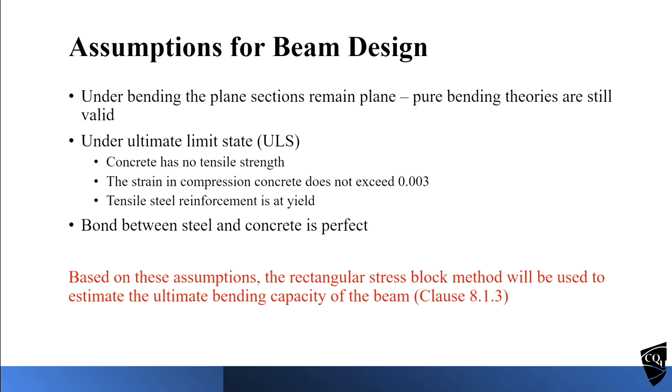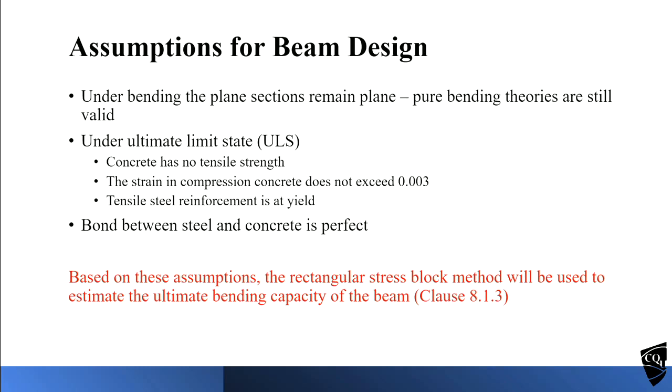Okay, so at ultimate, that means just before the breakage, we also assume the steel reaches the yielding point, and for the concrete in compression, the strain should not exceed 0.003.